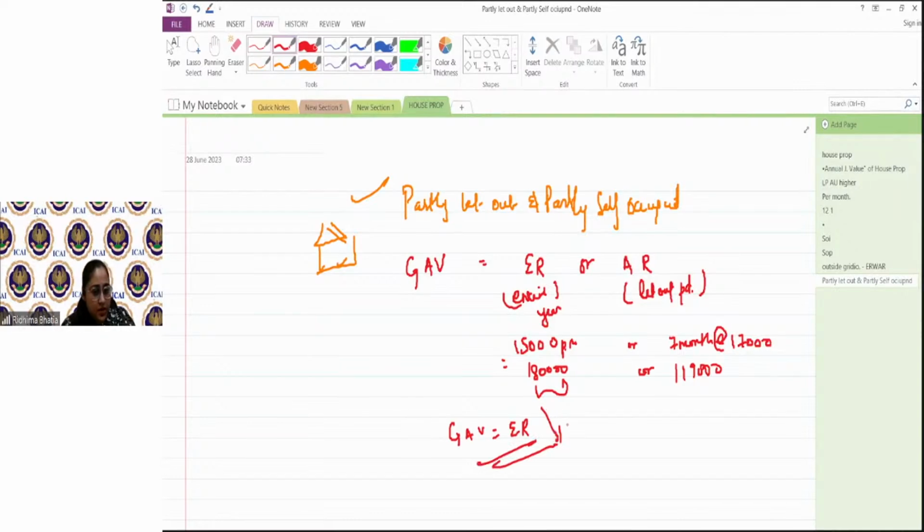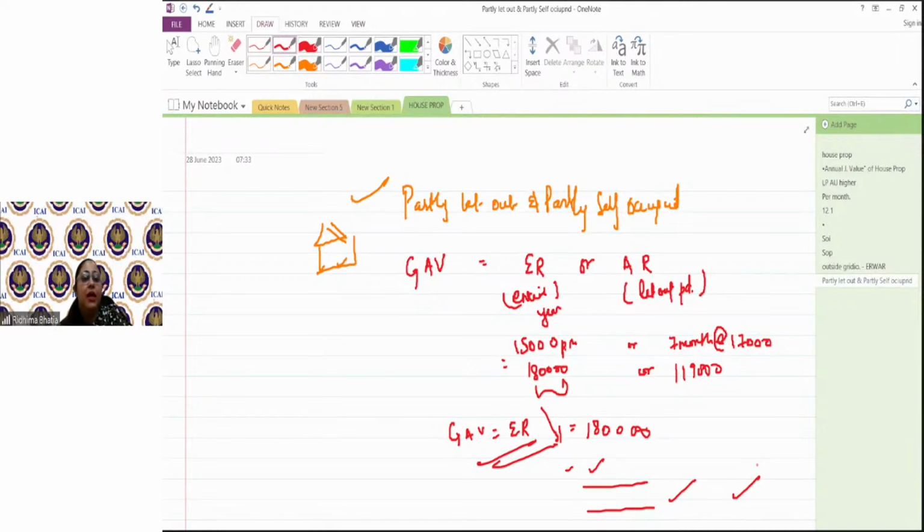So it will be 180. After that the provisions are the same. Once you calculate the gross annual value, you get the deduction of municipal taxes. Then you will get your net annual value. From this, standard deduction and interest on loan without any ceiling limit would be allowed. Then you will calculate your income from house property.